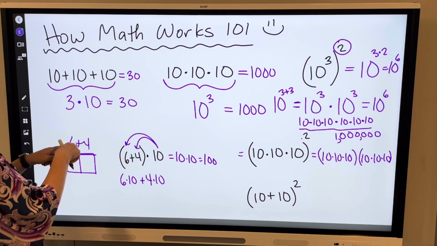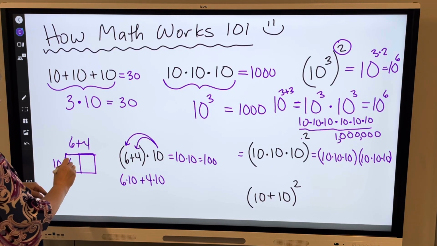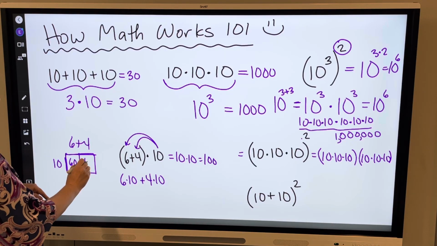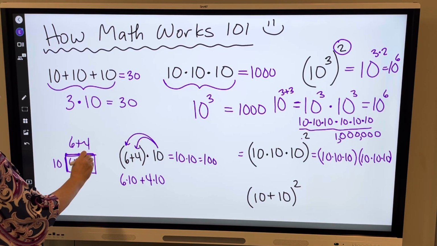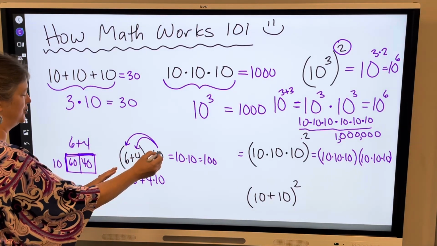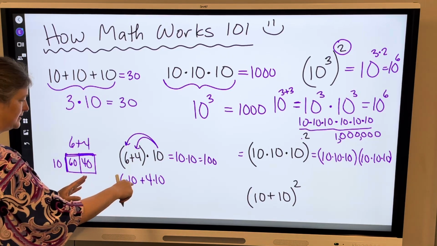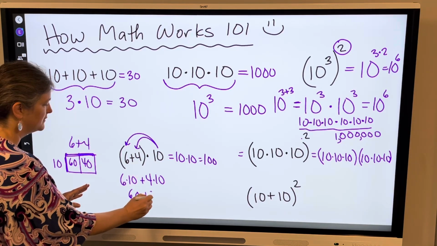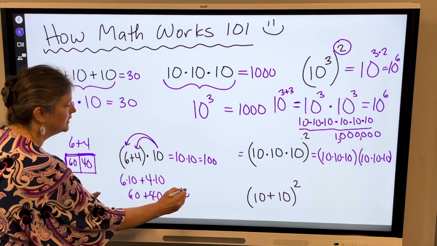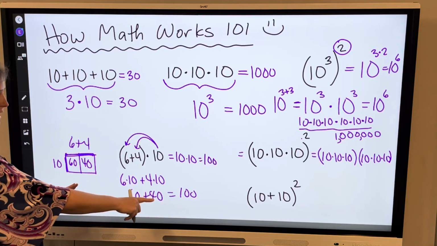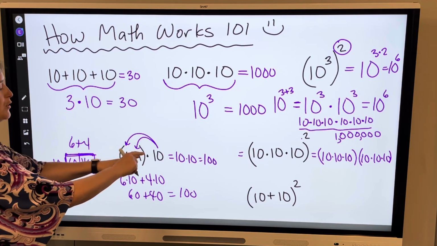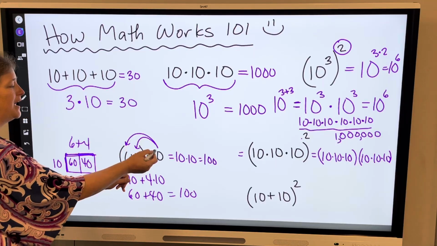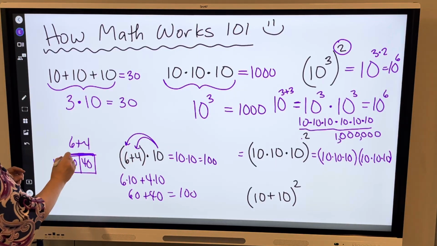And by doing them individually, 6 times 10 is 60, 4 times 10 is 40, I can see that the area they create through this single multiplication is 60 plus 40, or 100. I have not changed the value, but multiplication does in fact distribute across addition.